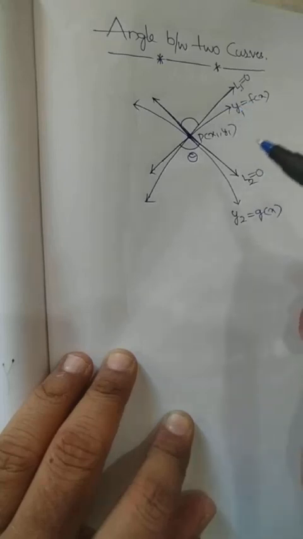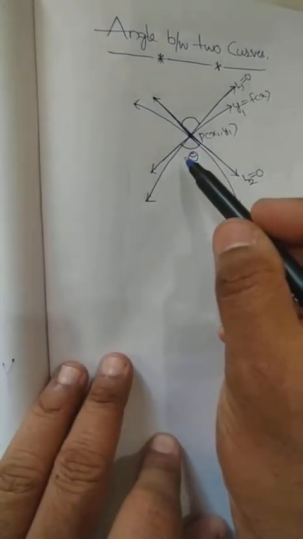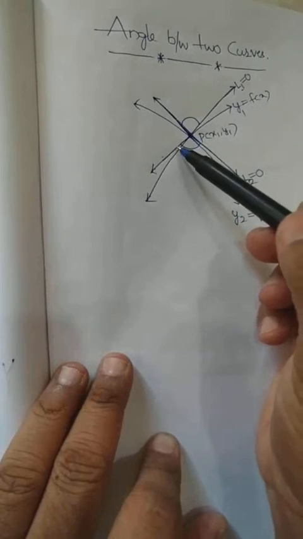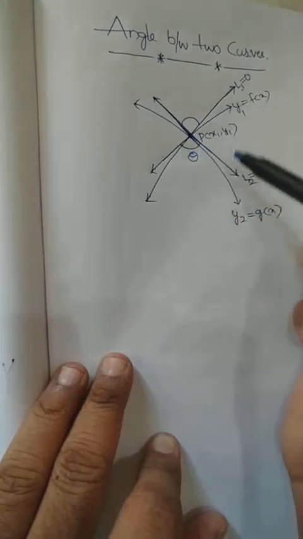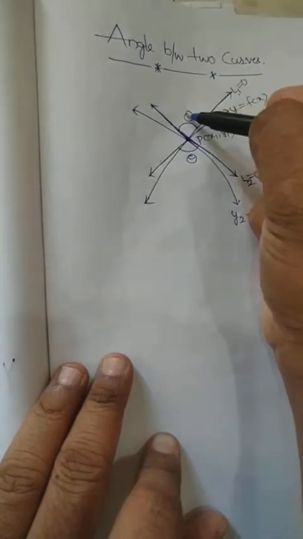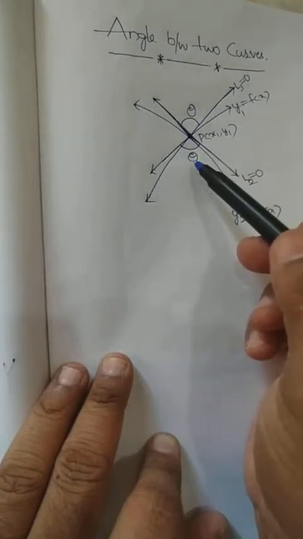Now observe the angle between these two tangent lines. The angle between these two tangent lines is theta. So it is also theta; these two must be the same.